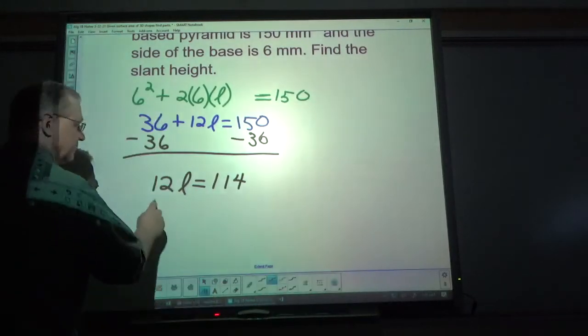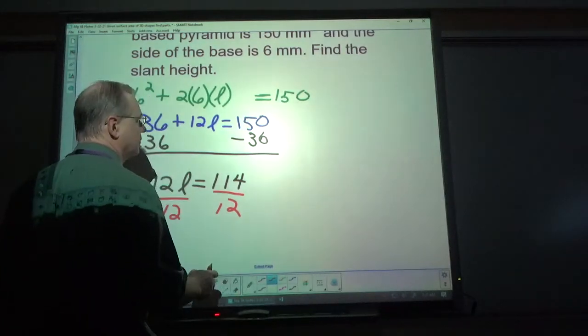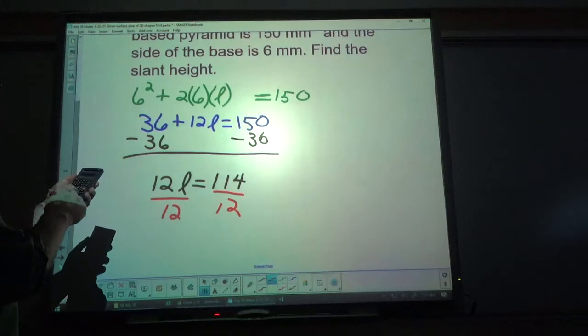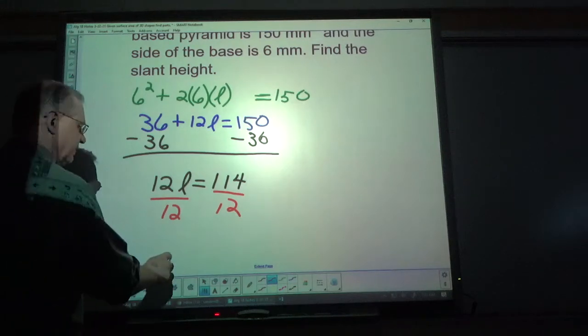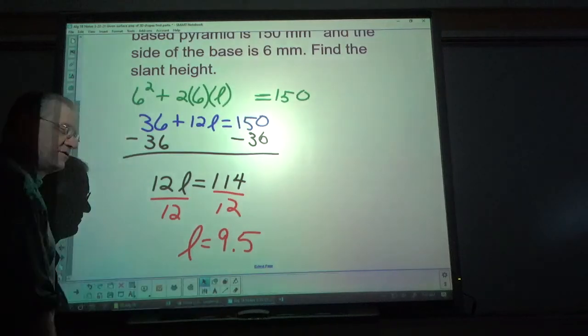And then I'm going to divide by 12. Wait a minute, did I do something wrong? 150 minus 36 divided by 12. 9.5. All right, well, there's our answer.